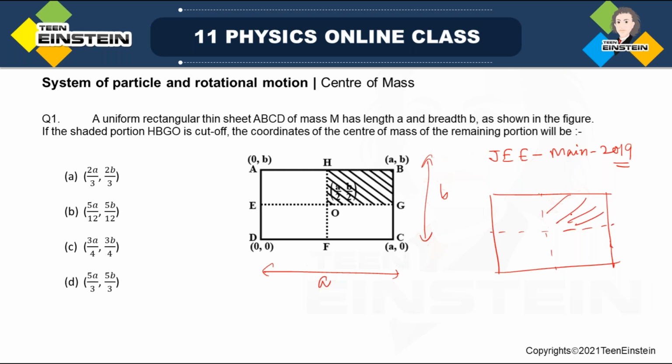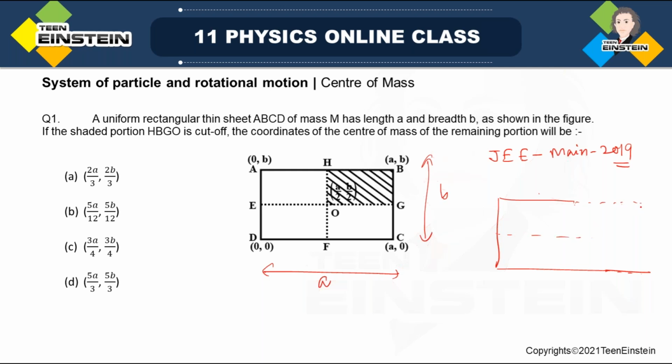If you ask me to draw properly after removing the portion, only this dotted portion is not there. Otherwise you have this configuration.